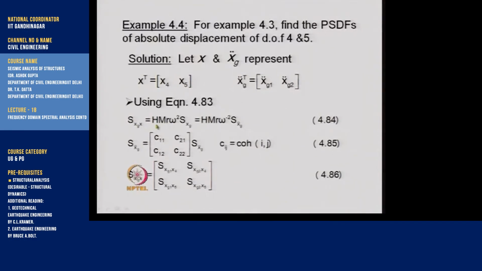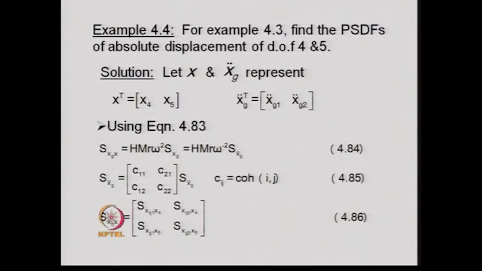That is given in this particular form, and since Sxg and Sx double dot g are related by the relationship that Sx double dot g is equal to omega to the power 4 into Sxg, that we have seen before, if we substitute that relationship over here, then this becomes H M R omega to the power minus 2 into Sx double dot g, not Sxg, and this Sx double dot g is known to us.